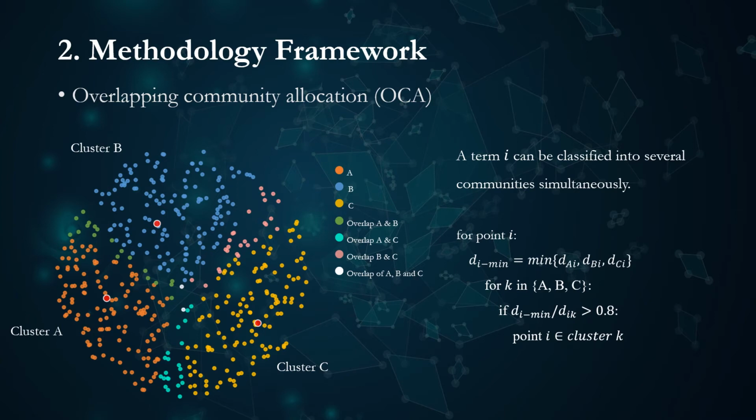So here, except for the closest centers, if one term's distance to another center does not exceed a certain ratio, we will also assign them to the second or the third closest center. So if there are 3 cluster centers, there might form 4 different types of cluster overlaps.